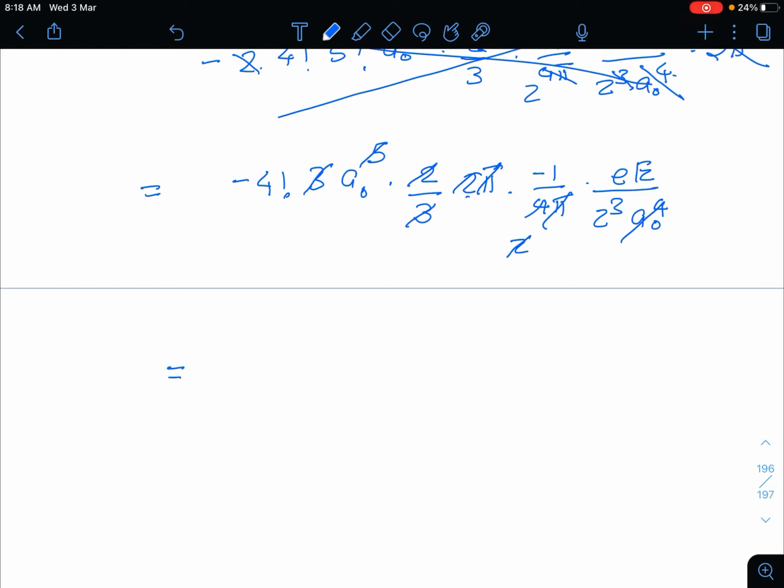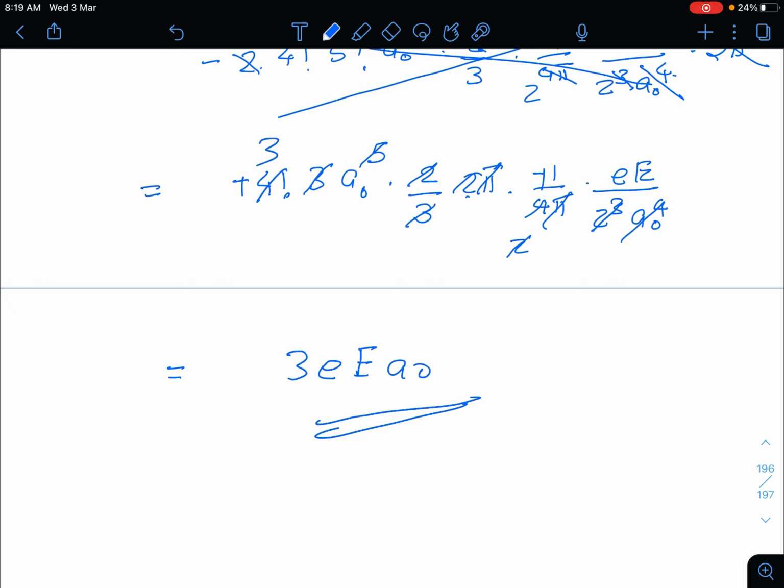Minus 4 factorial is, 8 into 3, so minus plus. So this finally becomes 3 e a0. Good, so that is it.